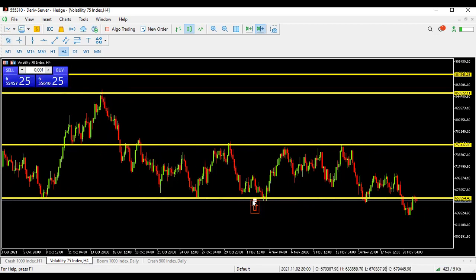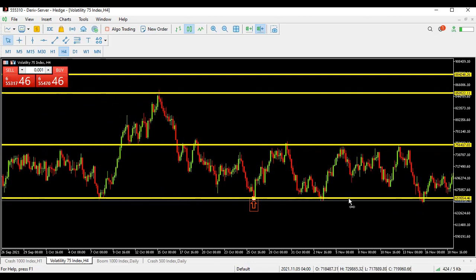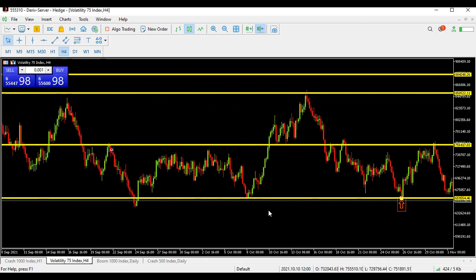See this place again? Can you see? So once you identify these key turning points, all right, your job is to make trading decisions based on these turning points. Look at it here. This is another turning point.